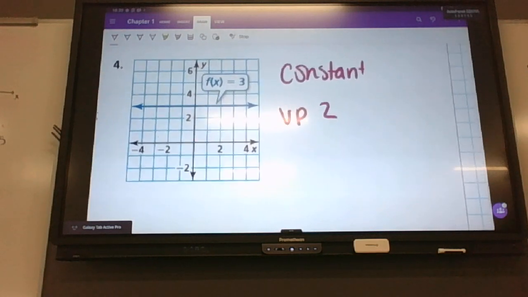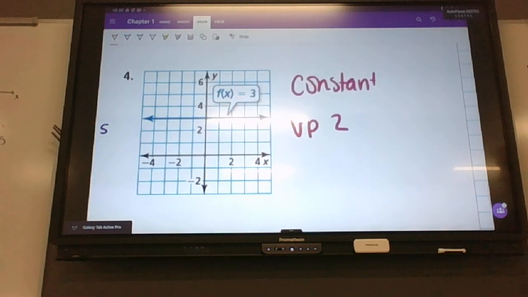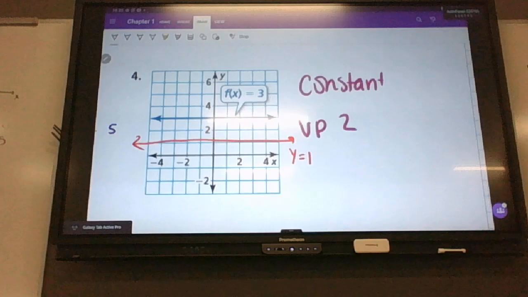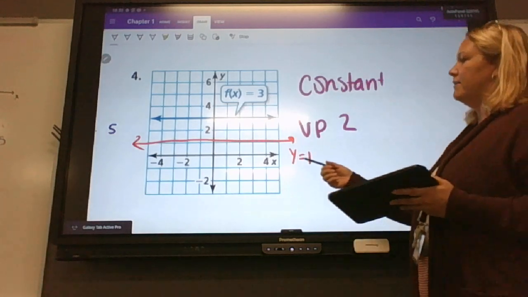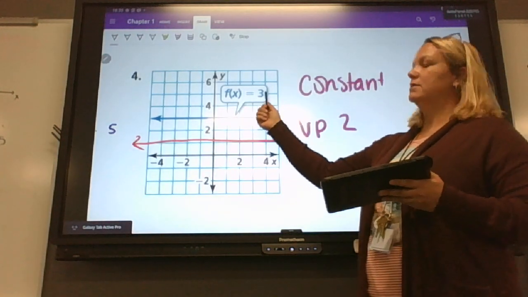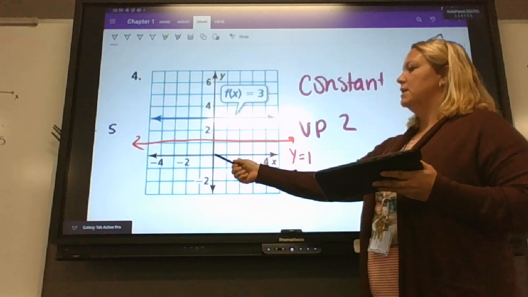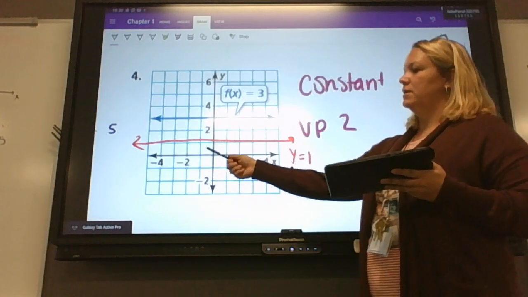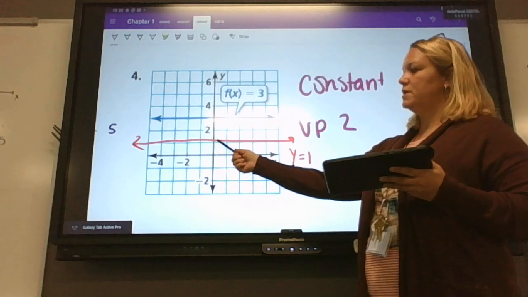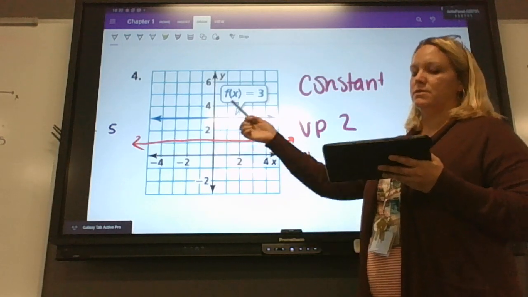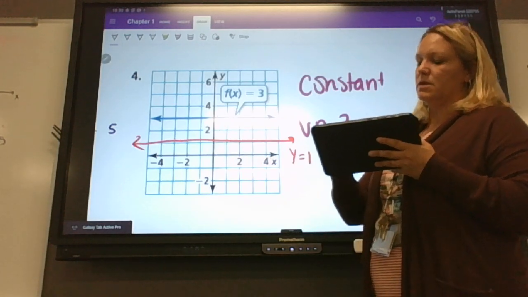Last, the constant. Constant never has anything really fun going on with it. I will do the parent function here. Here's the parent function at y equals 1. So you may have accidentally set up 3, since it's at 3. Go ahead and correct it, say it's up 2. And that's because the parent is at 1, not at 0. So starting from 1, it's only up 2 units. It's not up 3 units.